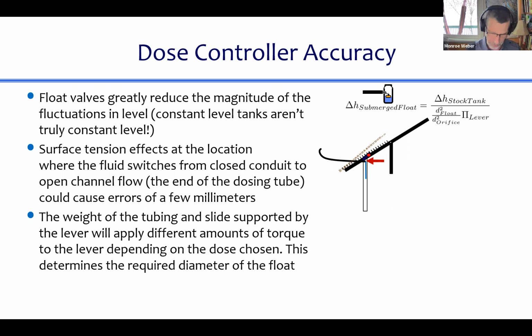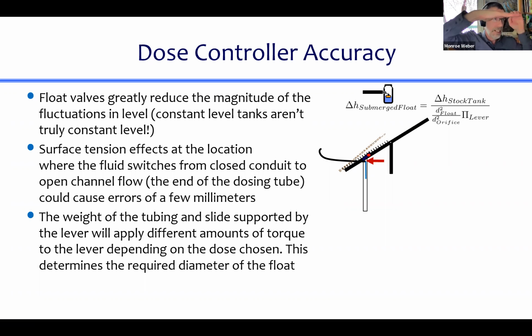And then this last one is, I don't know, I think it's fun to think about the physics of this. The weight of the tubing that's hanging on the slider that's supported by the lever, and the weight of the slider itself will apply different amounts of torque to the lever arm depending on the dose that's chosen.